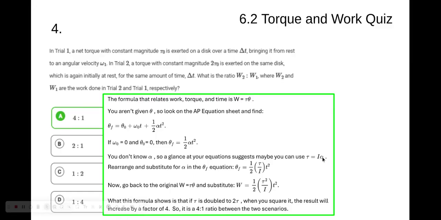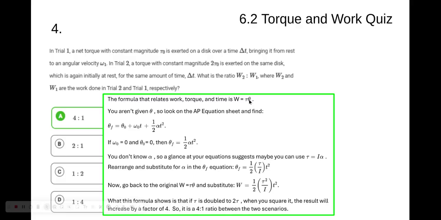Here we could have alpha, and we could divide that moment of inertia into this torque, and we could substitute that for alpha right here. So alpha equals torque over moment of inertia, times 1/2 times t squared. Now we have a formula for the theta.